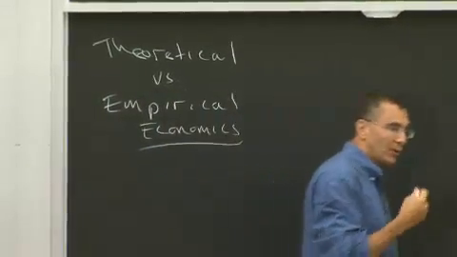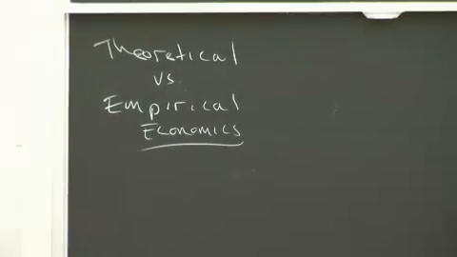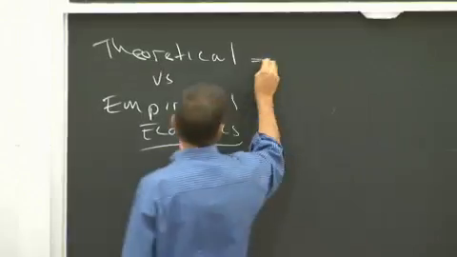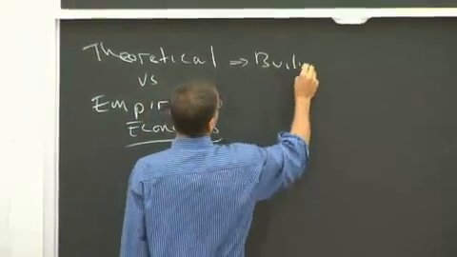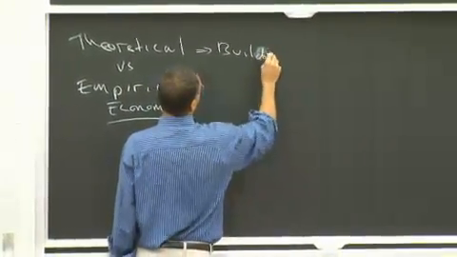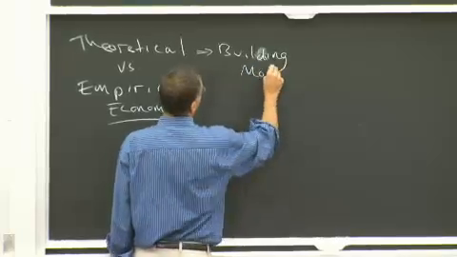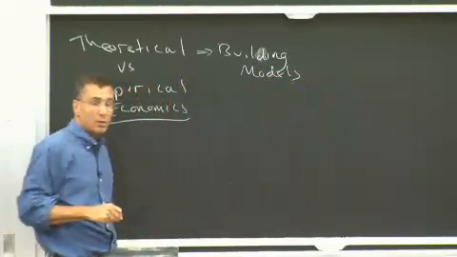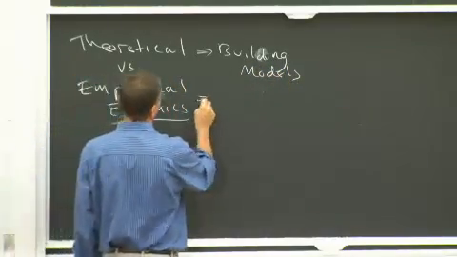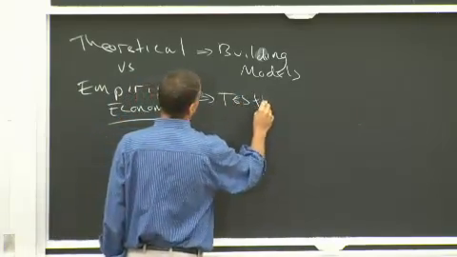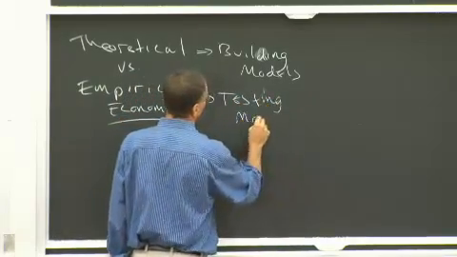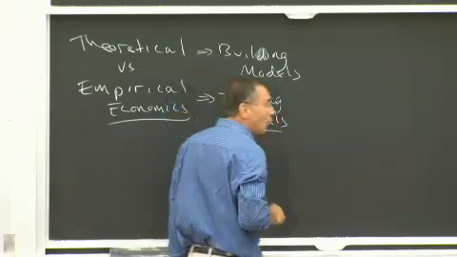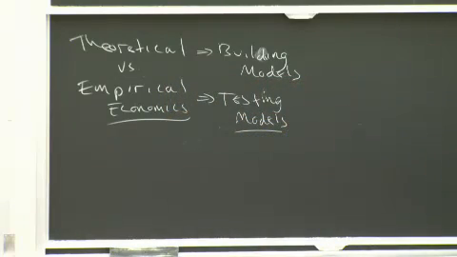Theoretical economics is the process of building models to explain the world. Okay, empirical economics is the process of testing those models to see how good a job they do in explaining the world.